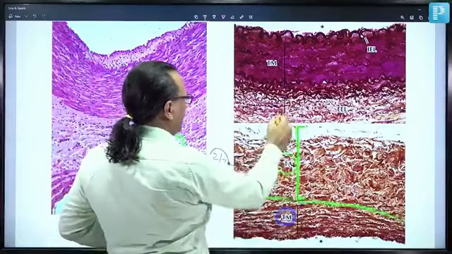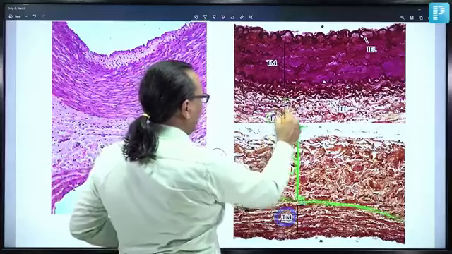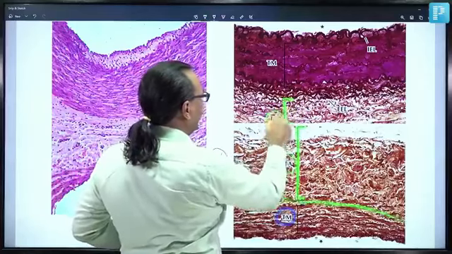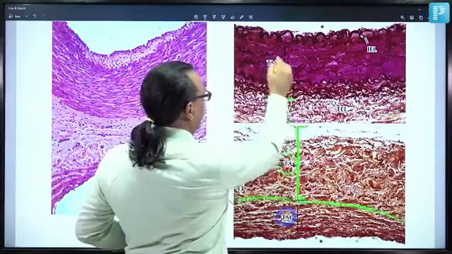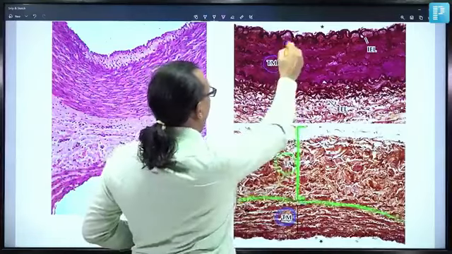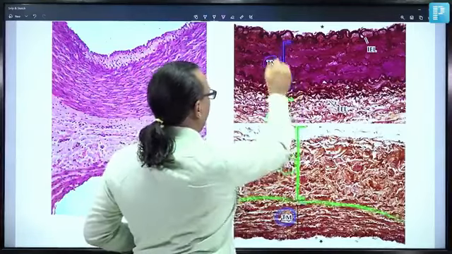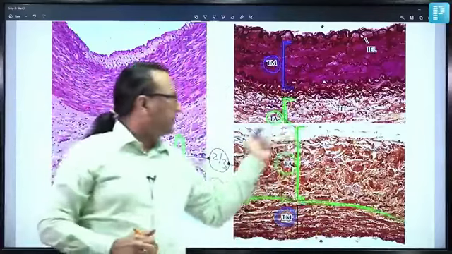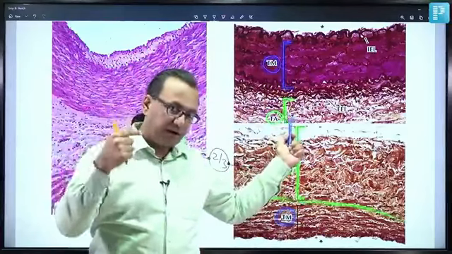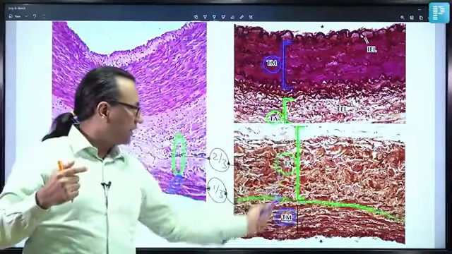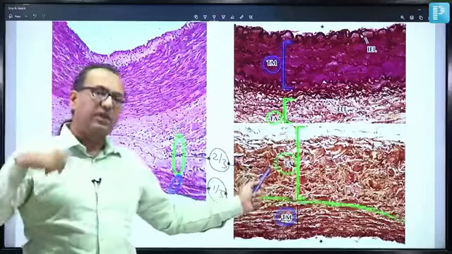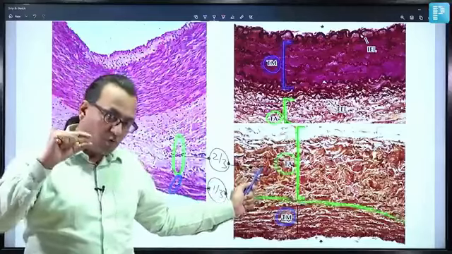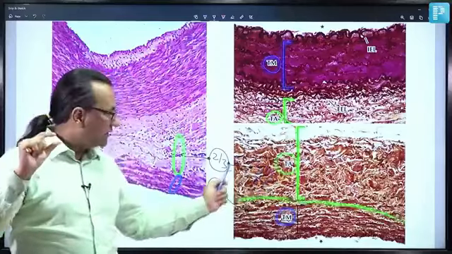On the other hand, the tunica adventitia of an artery is comparatively less thick than the tunica media, as is observed. And moreover, the difference which I want you to understand is, in an artery, the tunica adventitia will have collagen fiber, elastic fibers, but in case of a vein, the tunica adventitia, along with that collagen and elastic fiber, can have smooth muscle cells as well.